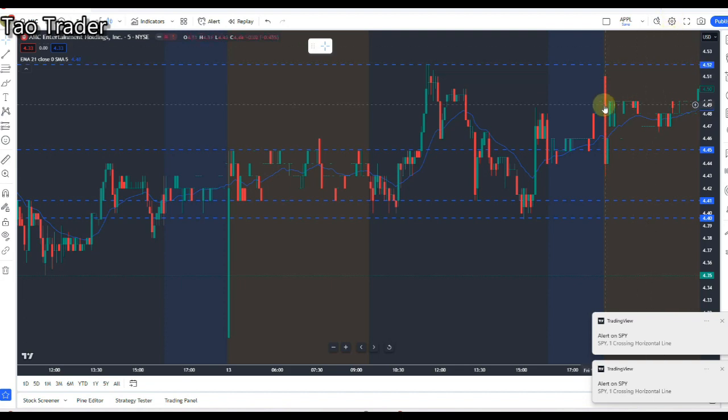Now let's talk about how to find the best support and resistance lines. The more candle closes you can get on any particular area, the better that line is. You can see here we have 1, 2, 3, 4 candle closes all right there.